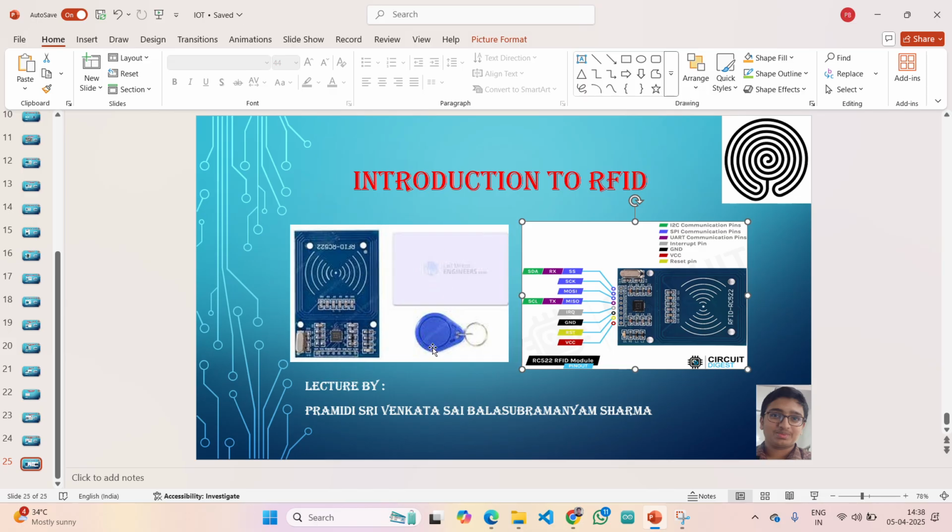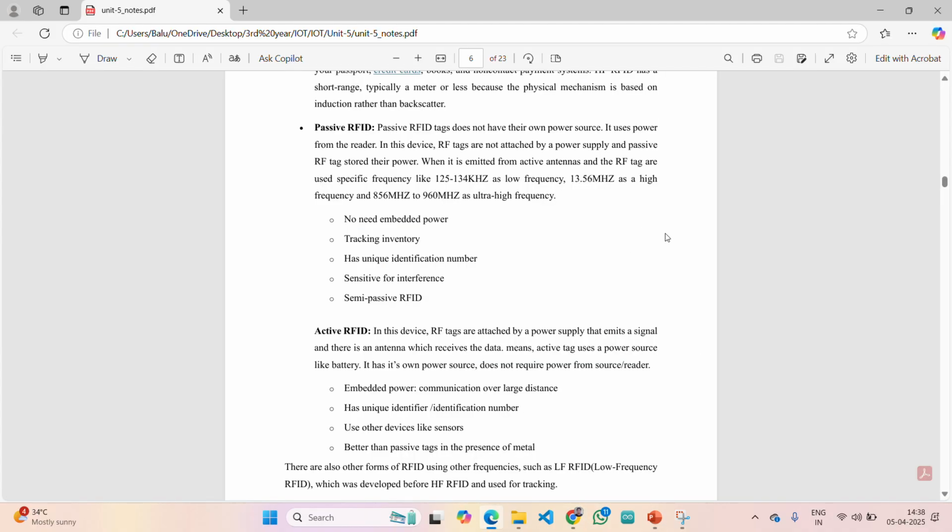Both contain data and every tag has a unique ID. Passive RFID tags get power from the readers, whereas active RFID tags have their own power source and can get power supply from batteries and so on. Here you can see the differences.